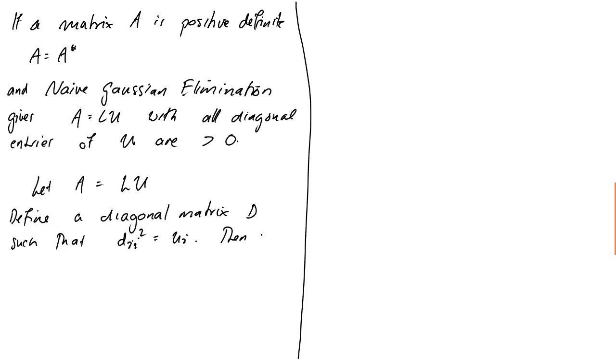Then our factorization becomes A equals L D squared. So D is just that diagonal matrix.